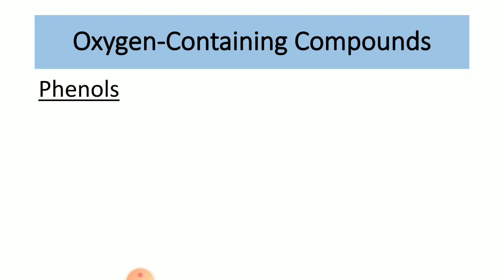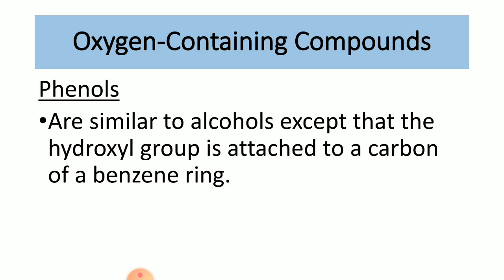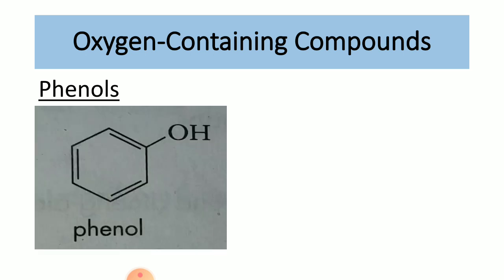Next, phenols. Phenols are similar to alcohols except that the hydroxyl group is attached to a carbon of a benzene ring. The simplest example of a phenol is monohydroxybenzene. This is also known as phenol.